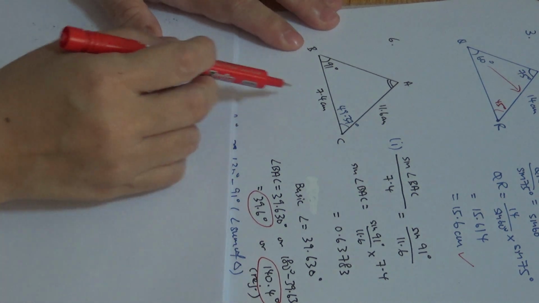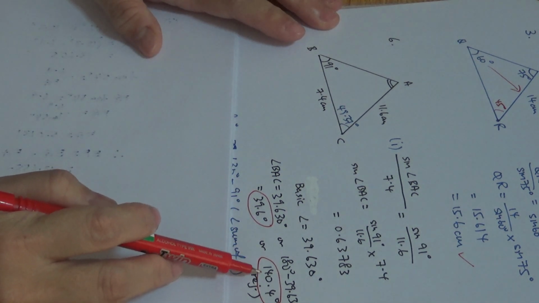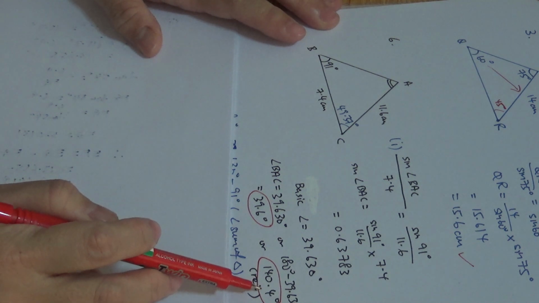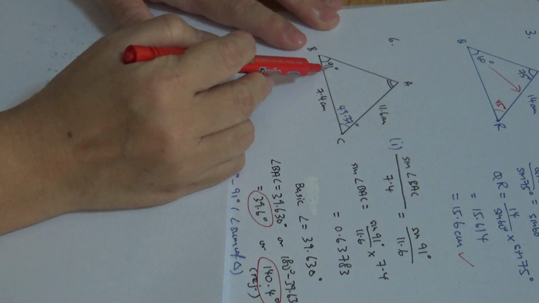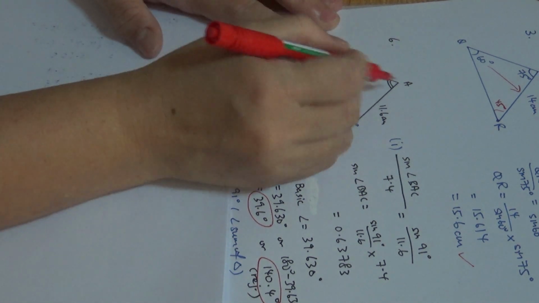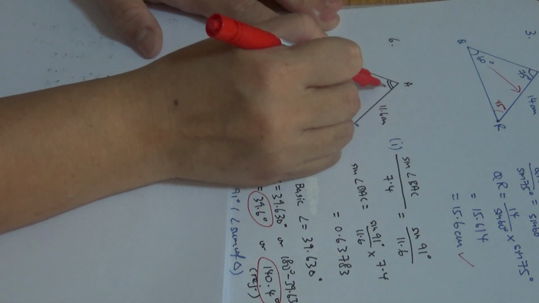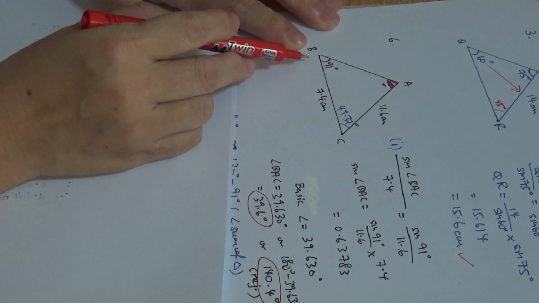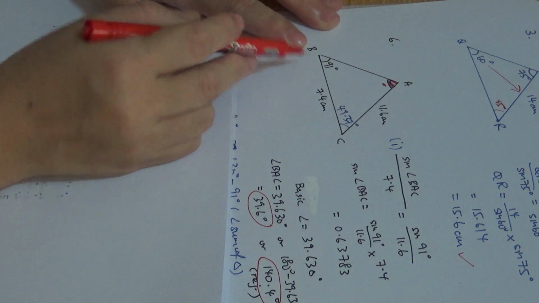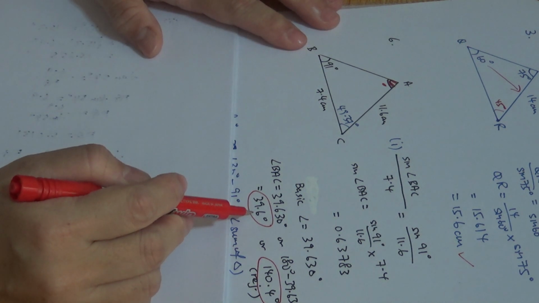Why is 140.4 rejected? Now you look, this is 11.6 and the angle is 91. This is 7.4. Therefore, this angle here must be less than 91. So angle BAC must be less than 91, so we will take 39.6.